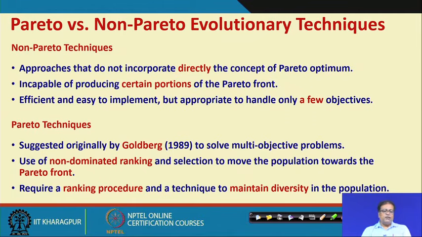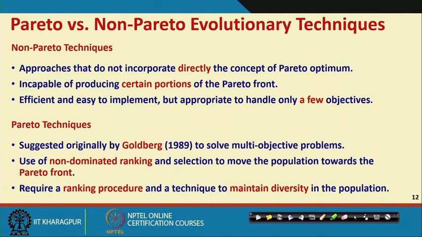The Pareto techniques, on the other hand, were initiated by Goldberg. Goldberg was a direct student of Holland, who first talked about the genetic algorithm or metaheuristic techniques, and Goldberg's book on genetic algorithms is also very famous, to solve multi-objective problems using the Pareto techniques.